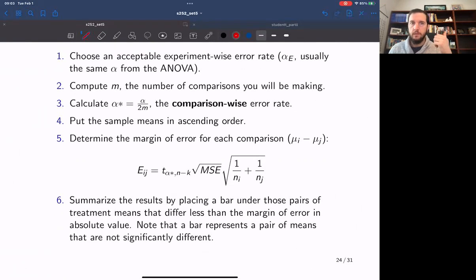Okay. Then we compute the number of multiple comparisons that we have to make. So again, little m is equal to k choose 2, which is the same thing as kC2.